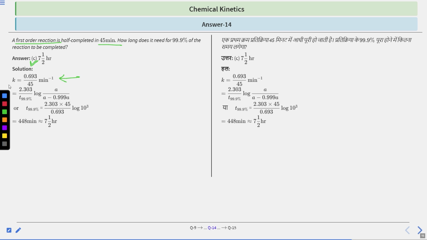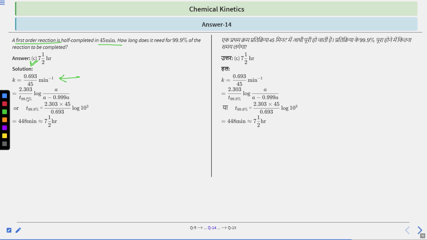And for the first order reaction, K is also equal to 2.303 divided by the time it will take for 99.9% of the reaction to take place, log the total initial concentration A divided by the change in the concentration, which is initial minus 0.999 of A, right?